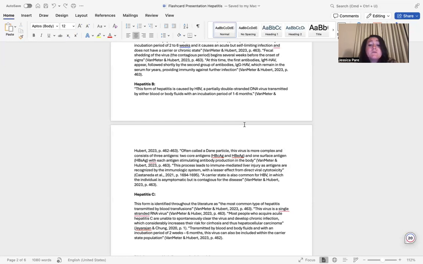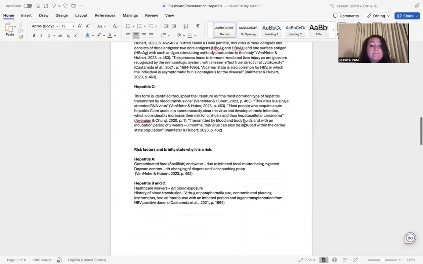This process leads to immune-mediated liver injury, as antigens are recognized by the immunological system, with a lesser effect from direct viral cytotoxicity. A carrier state is also common for HBV, in which the individual is asymptomatic but is contagious for the virus.